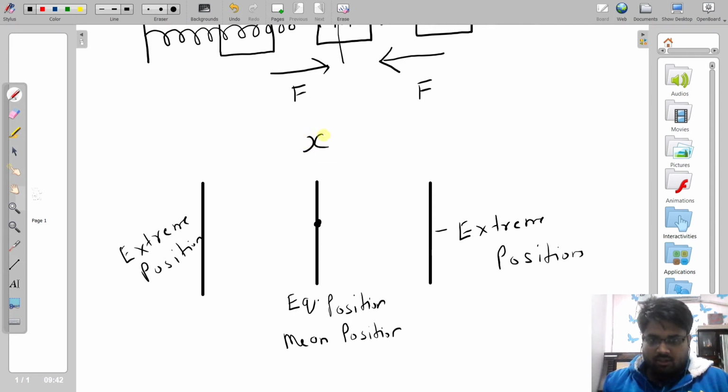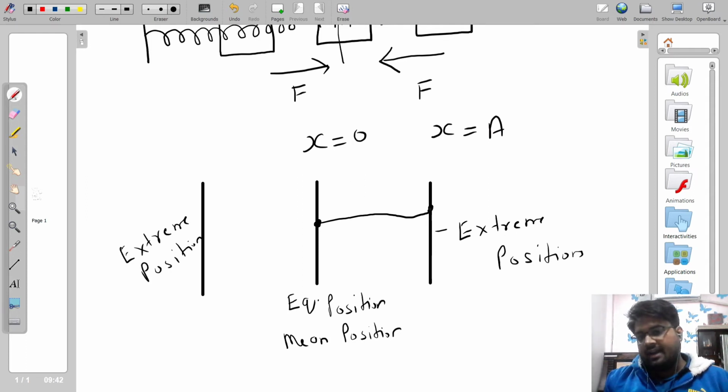The mean position is always taken as the origin where the displacement is 0, and we displace the particle towards here. Suppose the displacement here is maximum, which is A. At this point we release it. Again, a restoring force will act and try to bring it back to the mean position.